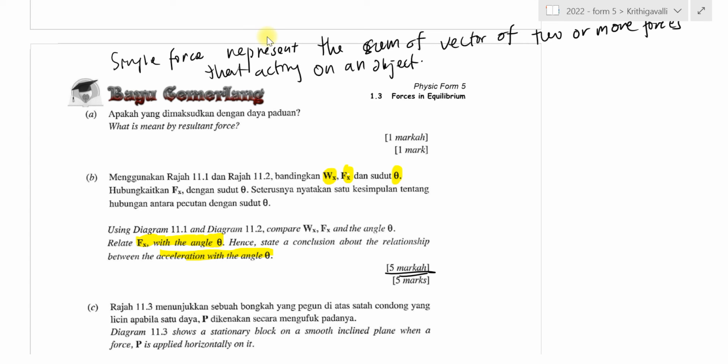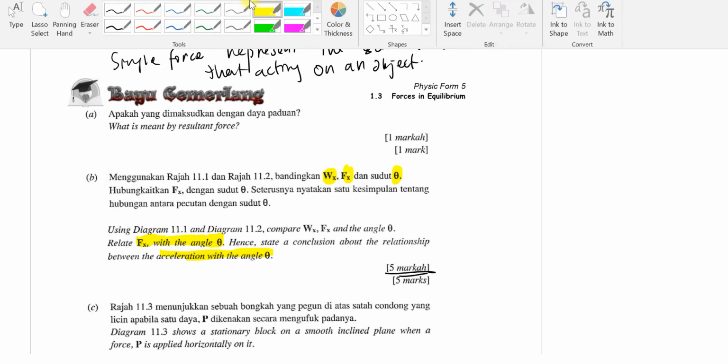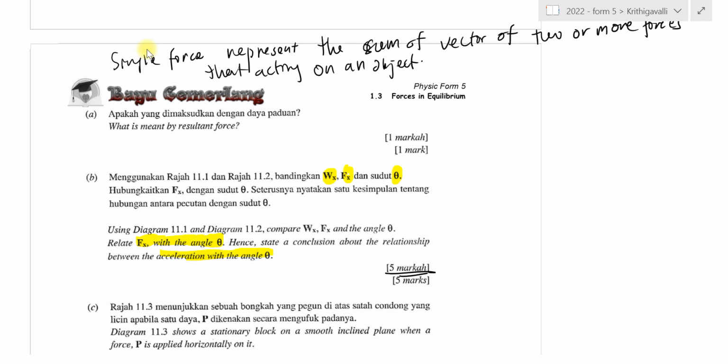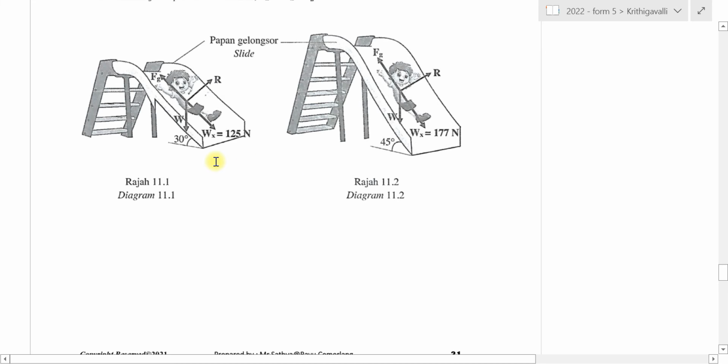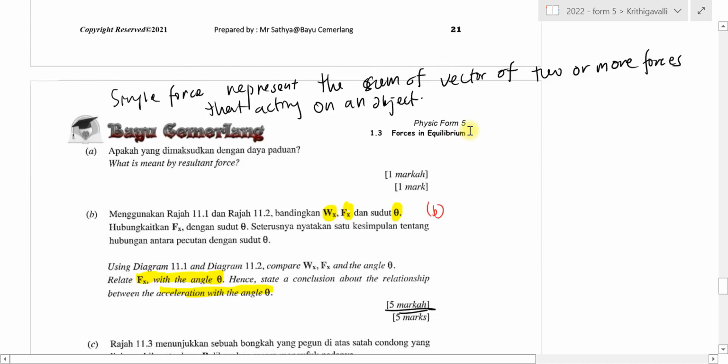Okay, so let's start. Okay, so I just write in a symbolic form. You also can write in symbolic because they give you the symbol here. Okay, so how to write? Okay, let us see the Wx. The Wx in diagram 11.2 is greater already in the picture.